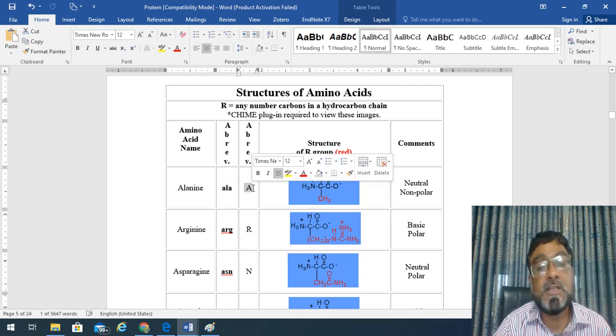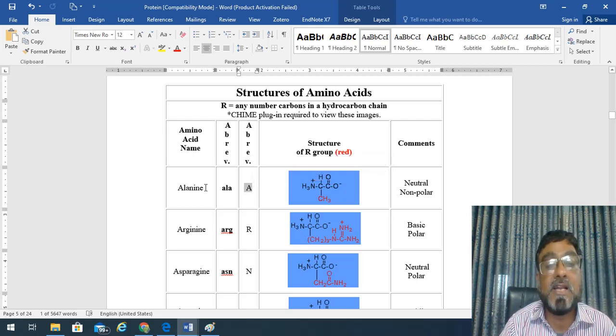This is the nomenclature for the amino acids. So for alanine, ALA, or you can denote it as capital A. We have seen the structure as well as its nature, neutral, nonpolar.